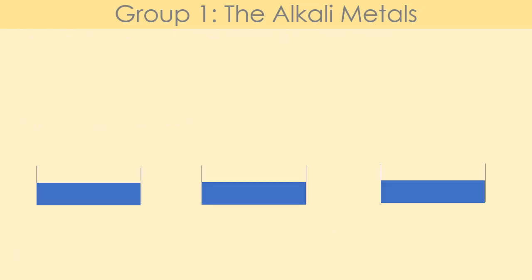So let's have a look at how they react with water. We're going to look at lithium first, so I'm going to put Li down here. If I have a chunk of lithium and I put it into water, it's going to float because it has a low density, and it's going to fizz or effervesce. So it's going to give off a gas.